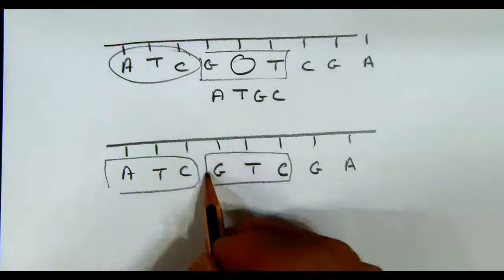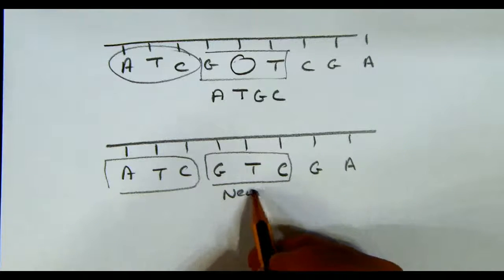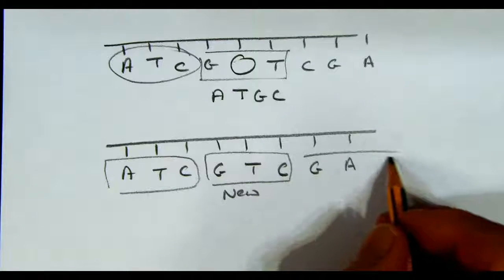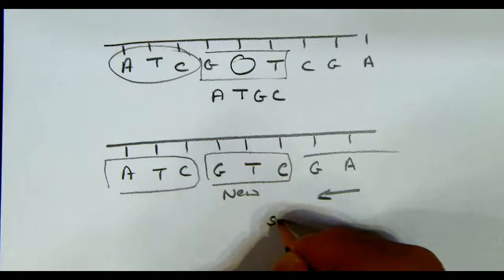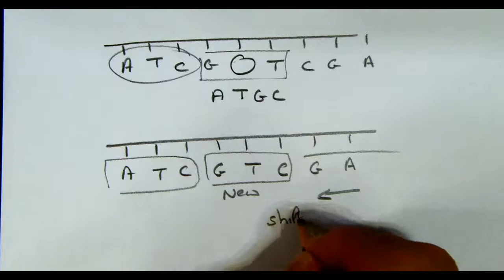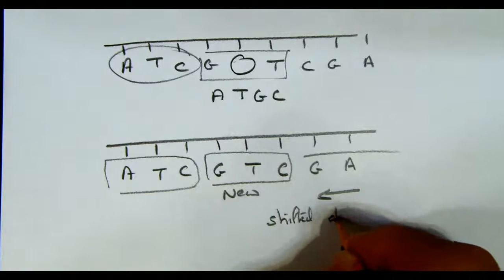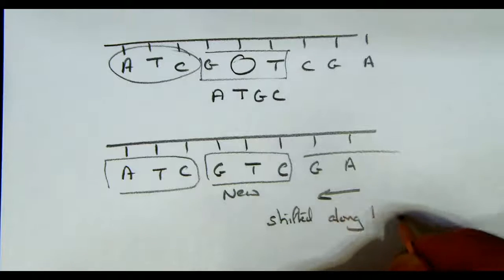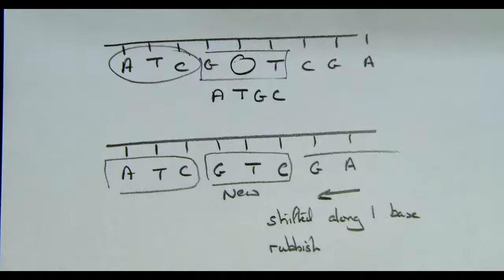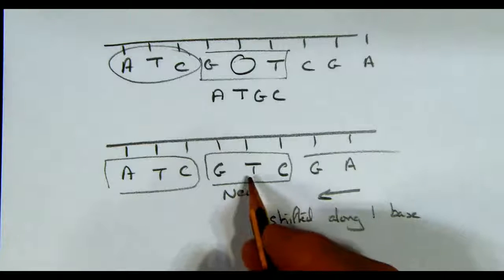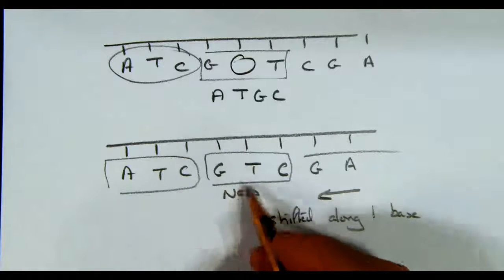This is now a new one, and with this one, everything has been shifted along one. And this tends to make rubbish for the rest, and that's totally destroying the protein structure just by omitting one base.